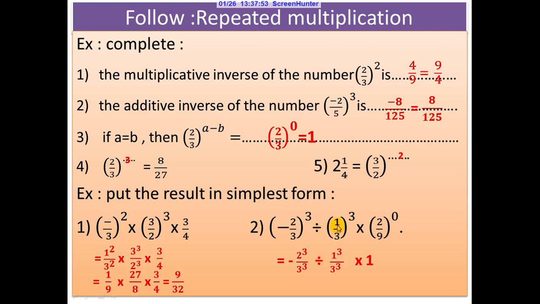Divided by 1 raised to power 3 over 3 raised to power 3, and 2 over 7 raised to power 0, it means 1. Okay, second step, by calculating each one alone, negative 2 raised to power 3 over 3 raised to power 3 means negative 8 over 27 divided by 1 over 27 times 1. Final answer, it will be negative 8.